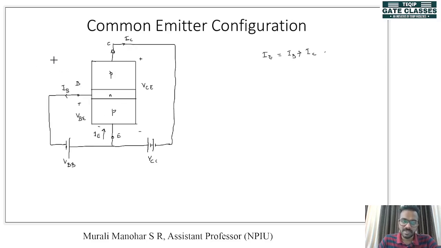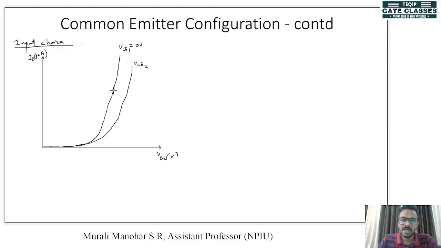If we are increasing VCE, that means collector base junction is more and more reverse biased, and if collector base junction is more and more reverse biased, IB decreases because of early effect. So if we further increase VCE, IB decreases further, and this is IB for VCE3, where VCE3 is greater than VCE2, which is greater than VCE1. So this is the input characteristics.